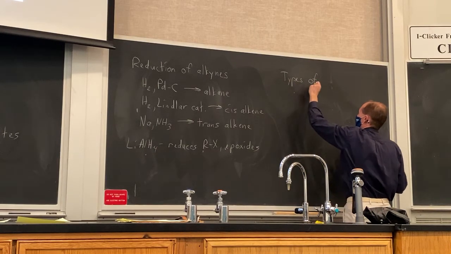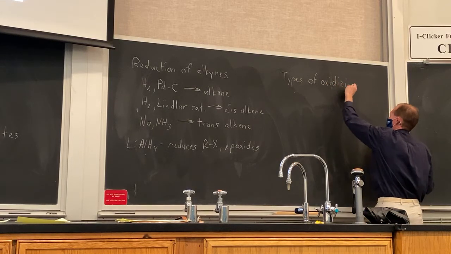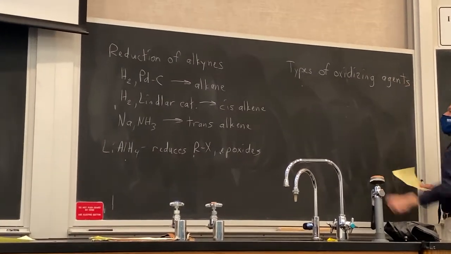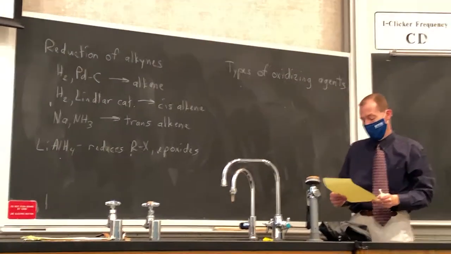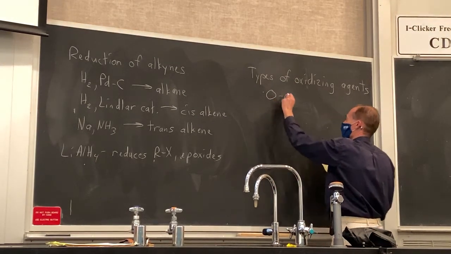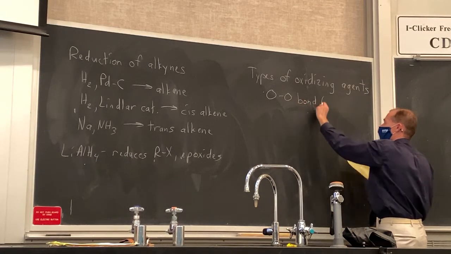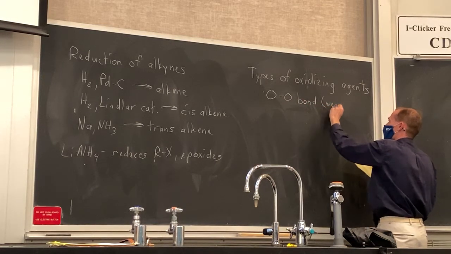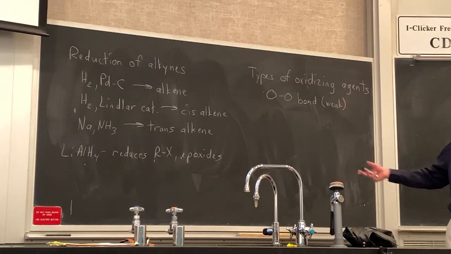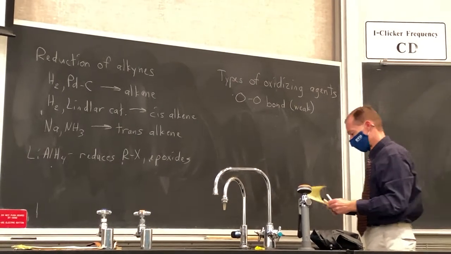So we learned types of oxidizing agents. And we had two types of oxidants, those that contained an oxygen-oxygen bond. We said that the oxygen-oxygen bond is weak, and it is cleaved in all of the oxidations that we learned in chapter 12.